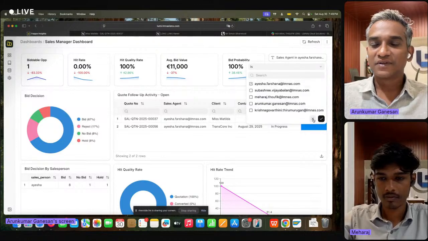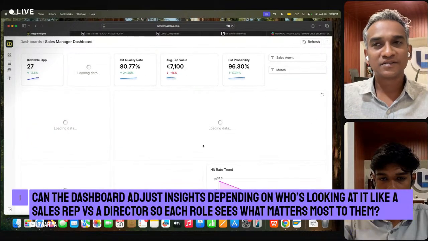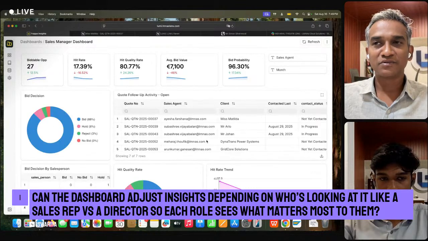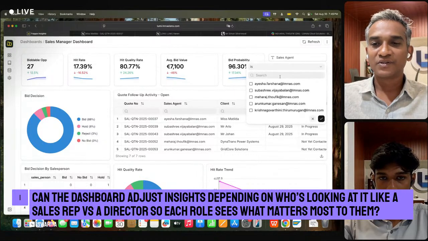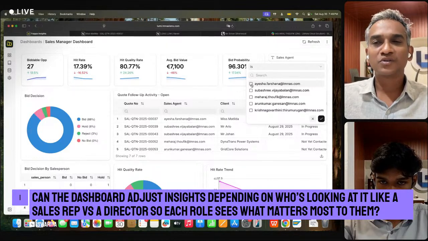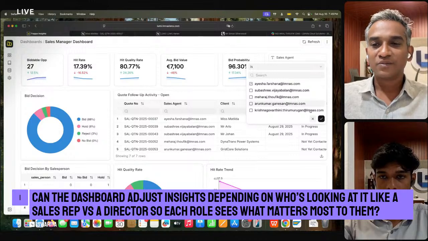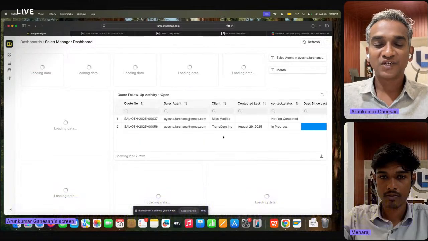So I was having all the data. It is really customizable, and you can have role-based dashboards as well as filter it based on individuals. So a manager could view per salesperson, or the sales team can also come and view their own performances. That's what I was telling.